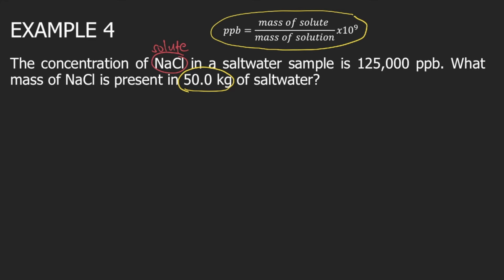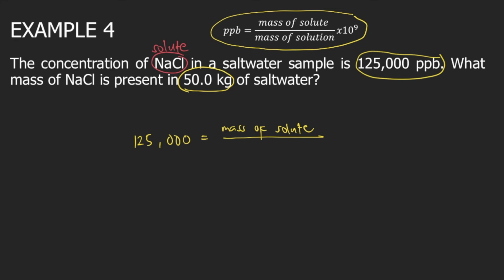This time, we are already given the ppb, 125,000 ppb. So 125,000 is equal to the mass of solute, which is unknown. So just write mass of solute divided by the mass of solution.